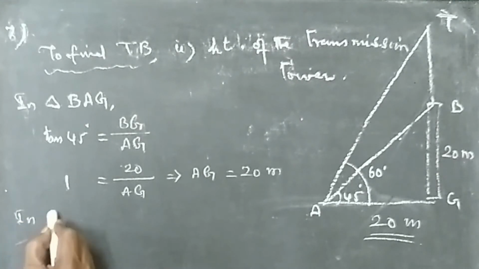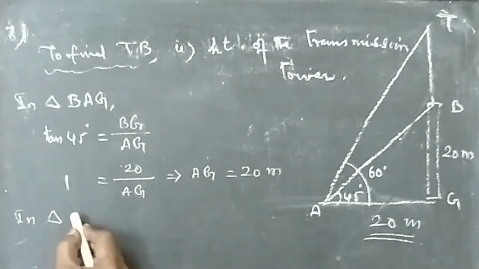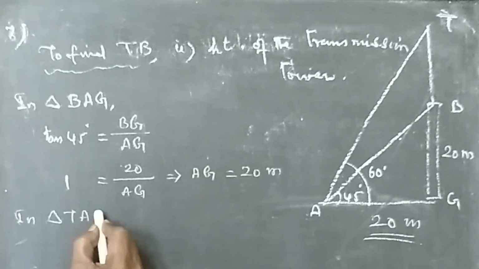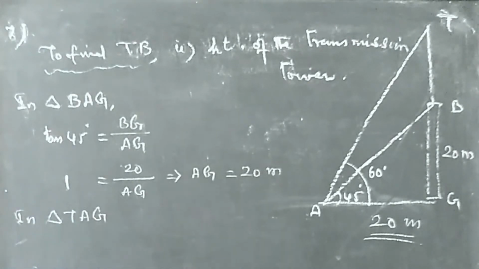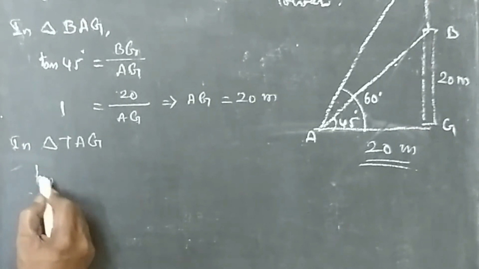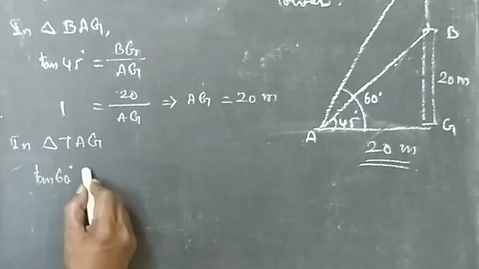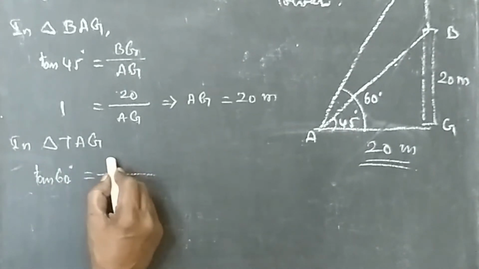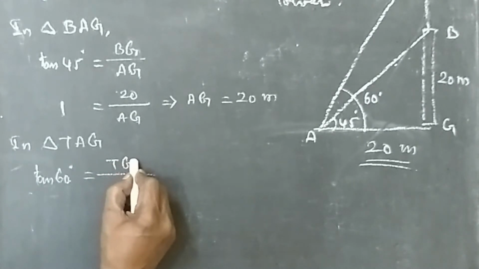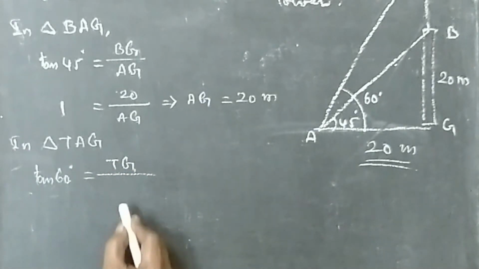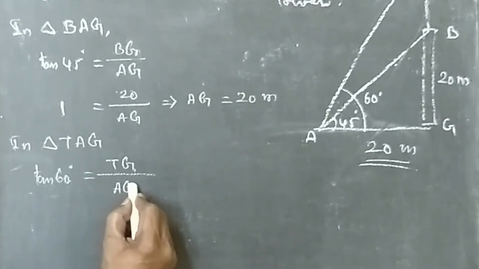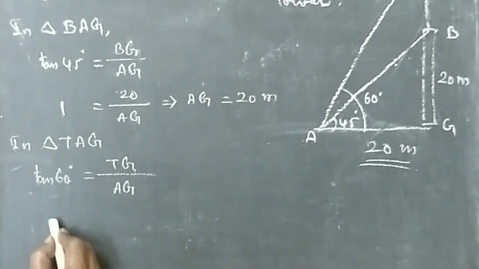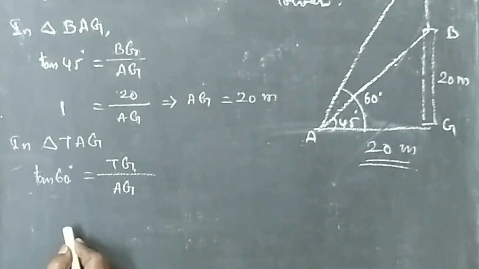Now in triangle TAG, tan 60 is equal to the opposite side, that is TG, by AG. Now tan 60 is how much?